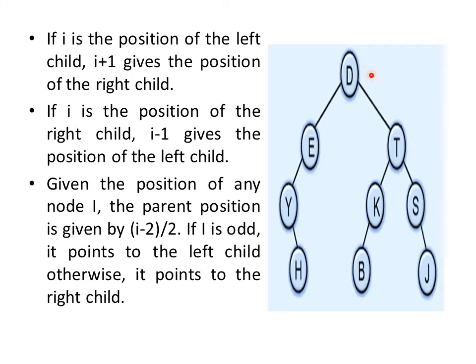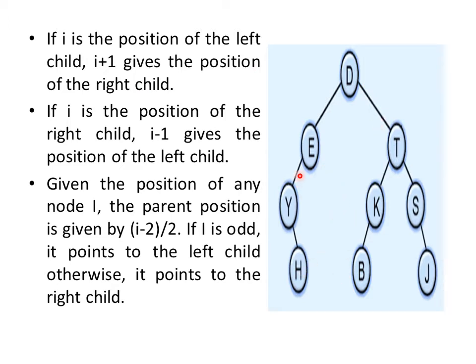Here you can see the positions numbered 0, 1, 2, 3, 4, 5, and next 6, 7, 8, 9, 10, and 11. If i is the position of the left child, then i plus 1 is the position of the right child.